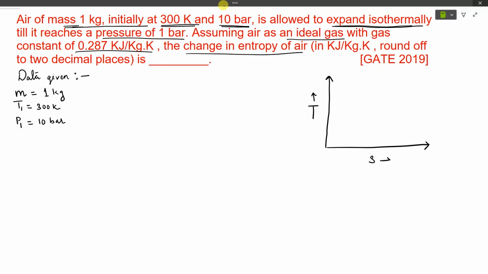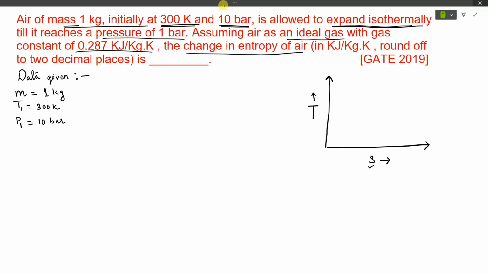Here we consider T, that is temperature, along the y-axis, and entropy, that is S, along the x-axis. As mentioned in the question, the expansion of air is isothermal. It means that by keeping temperature constant, the air expands.